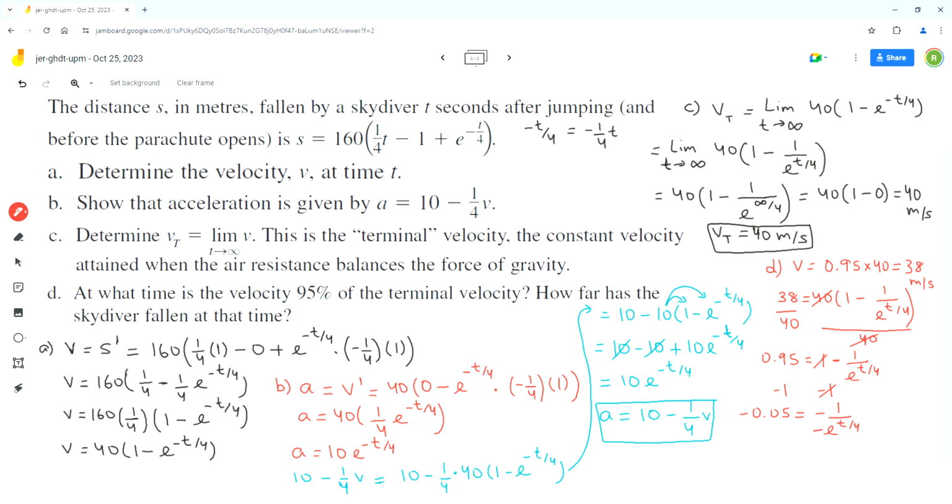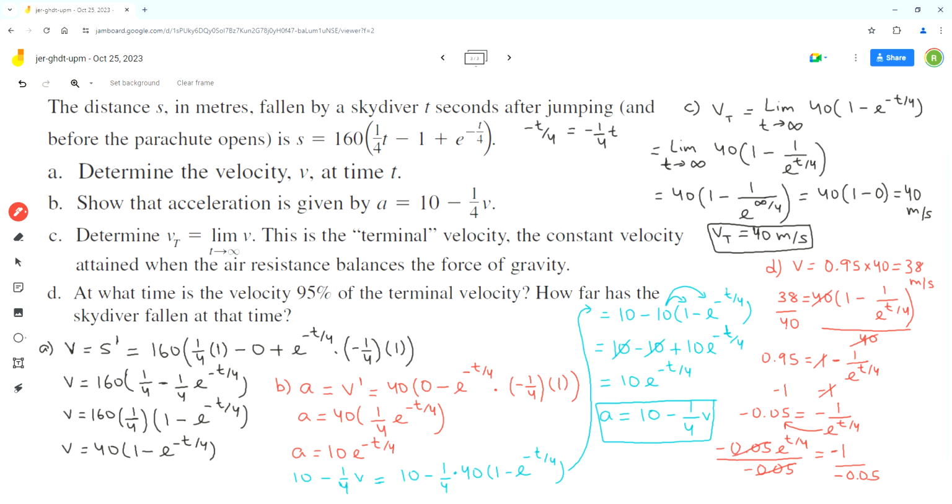Now we can cross multiply the denominator. So we'll get negative 0.05 e to the power t over 4 equals negative 1. And now we can divide both sides by negative 0.05. So negative 0.05 on the left side will get cancelled out.